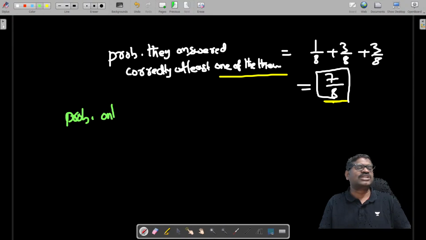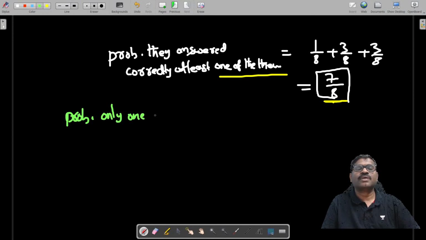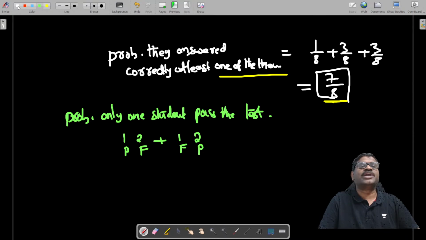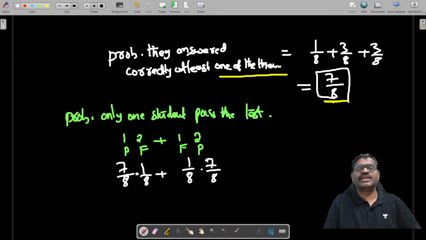Probability that one student passes the test means first student passes, second student fails, or first student fails, second student passes. So the chance that the student passes the exam is 7/8, and failing the exam is 1/8. 1/8 into 7/8 is 7/64, plus 7/64.